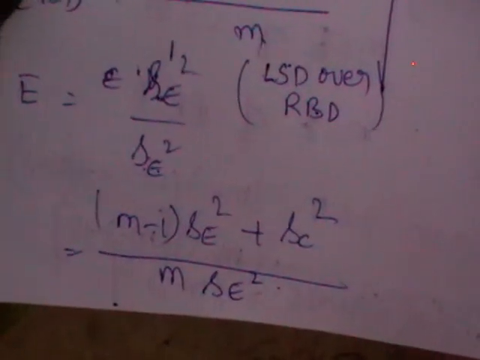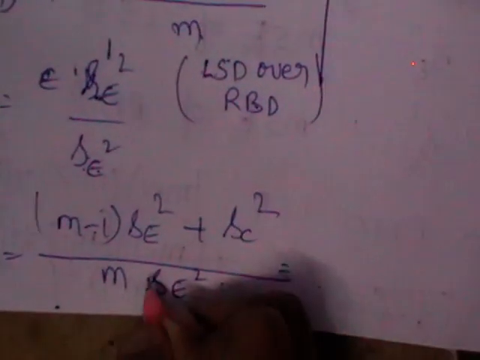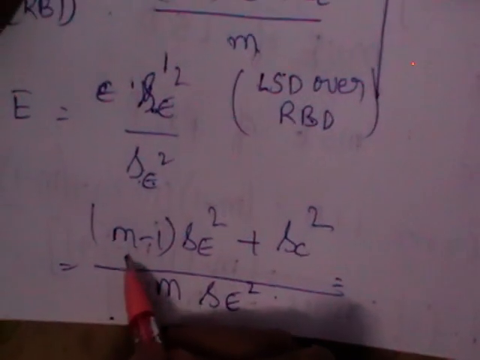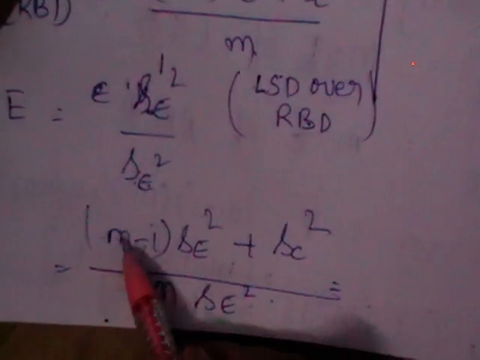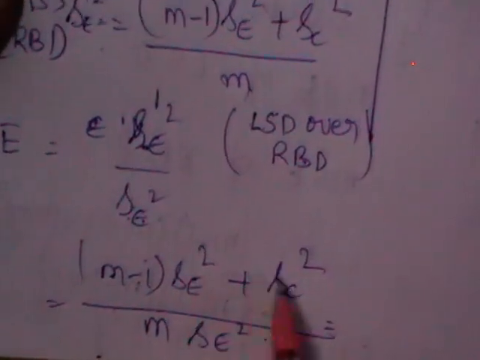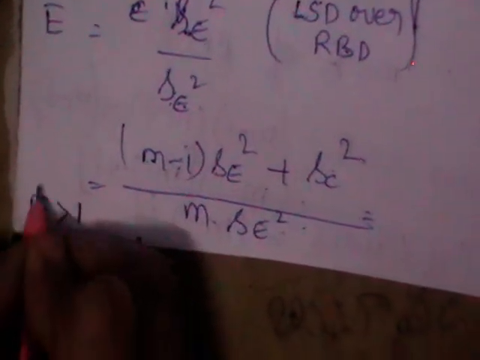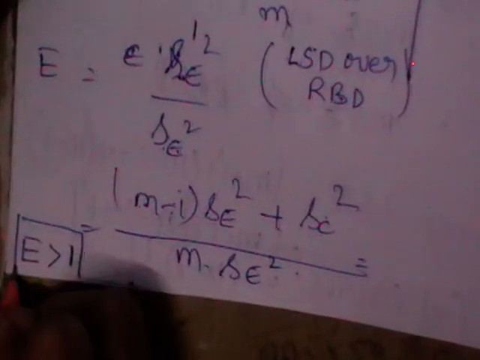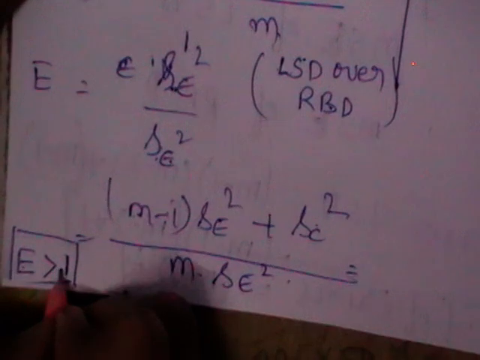Now if you simplify this, you get a value. Simplifying, SE square minus SE square plus SE square gets cancelled. You get E as a value greater than 1, that is, 1 plus a positive quantity, which represents E greater than 1.